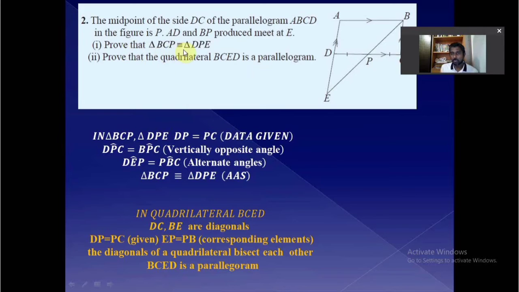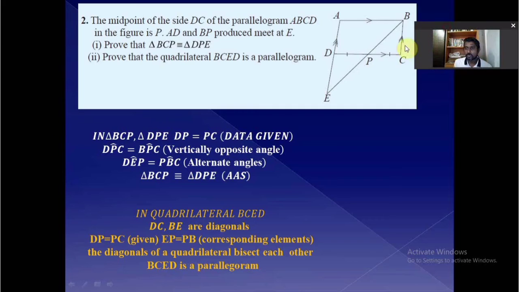You want to prove that P is the midpoint, with the data given here, and that these two triangles are congruent. See these two triangles, BCP and DEP.